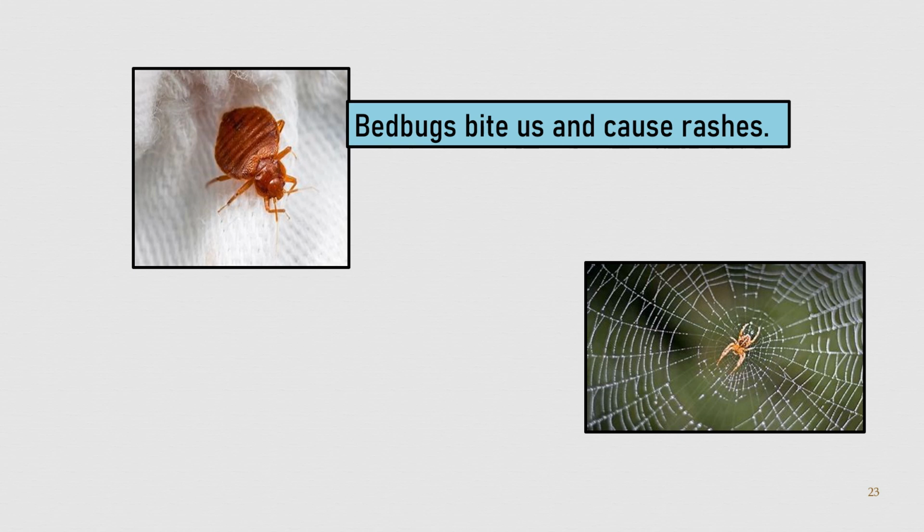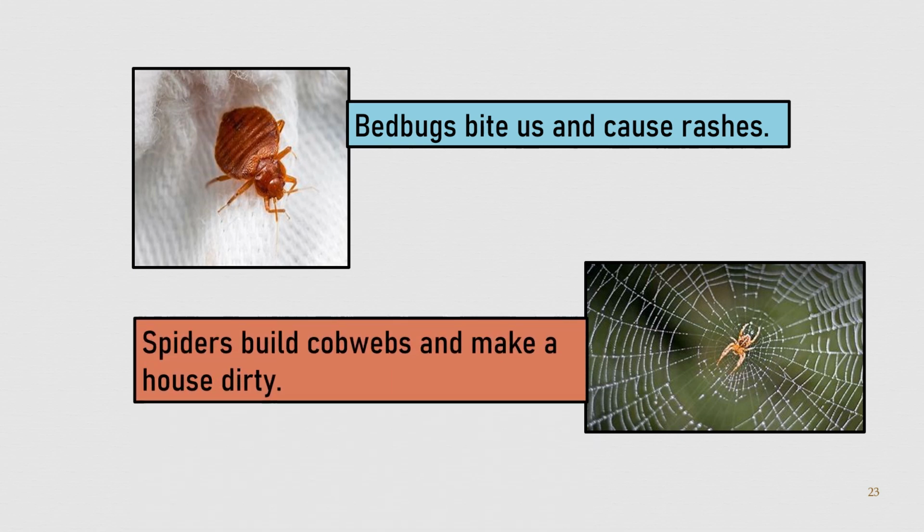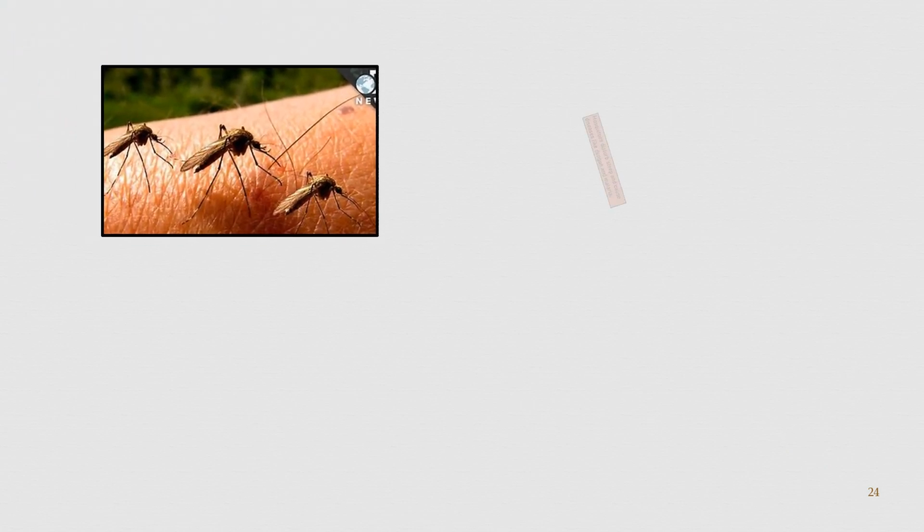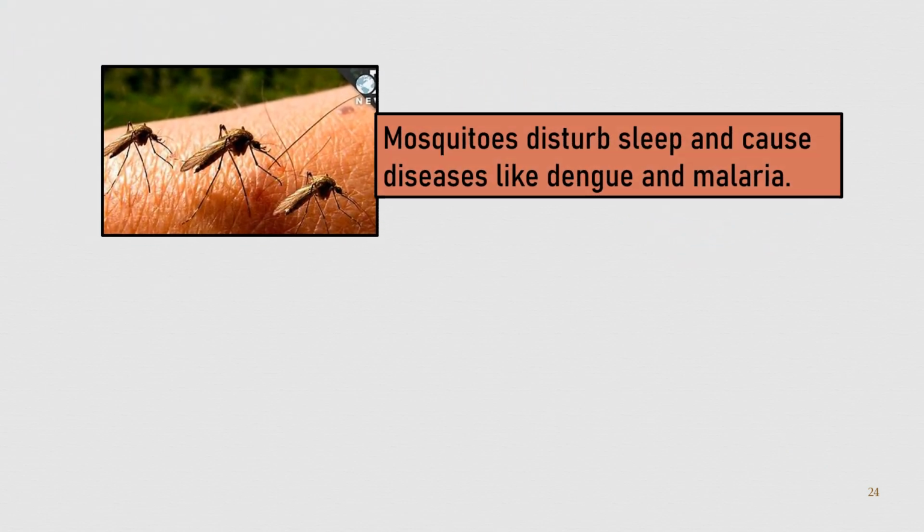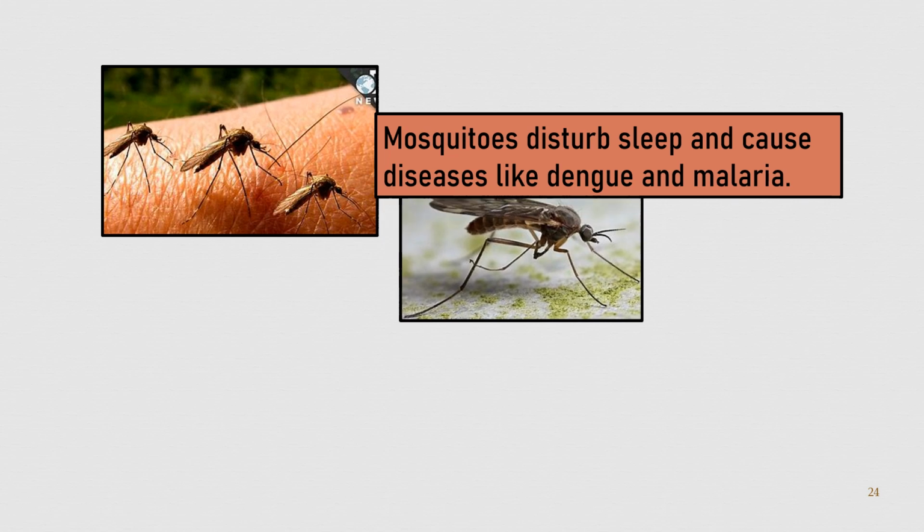Bedbugs bite us and cause rashes. Spiders build cobwebs and make a house dirty. Mosquitoes disturb sleep and cause diseases like dengue and malaria.